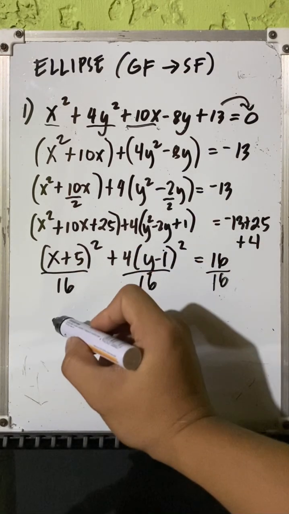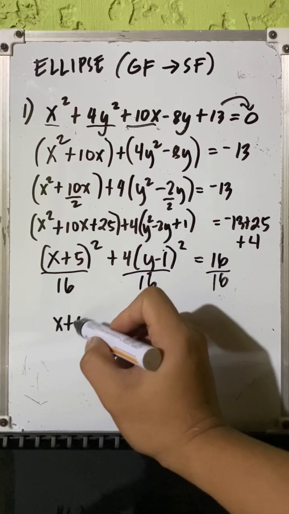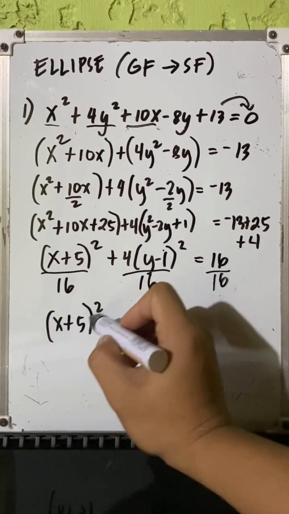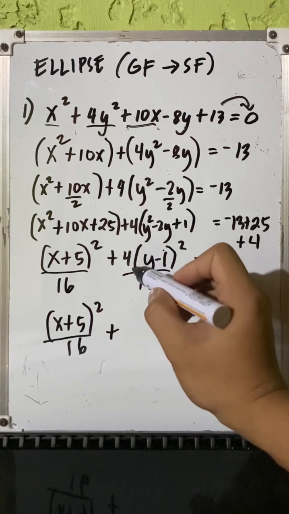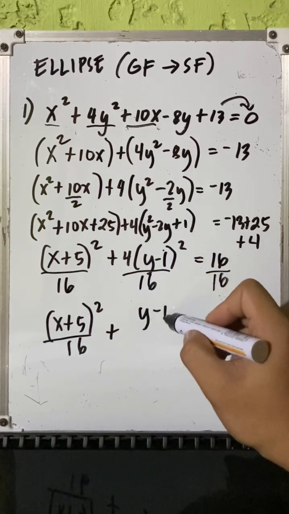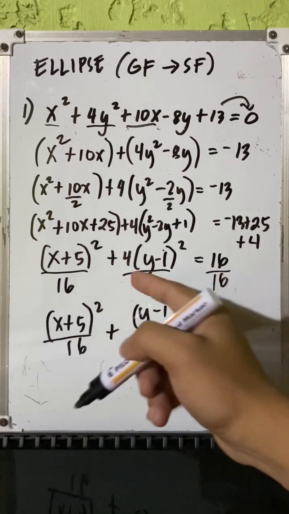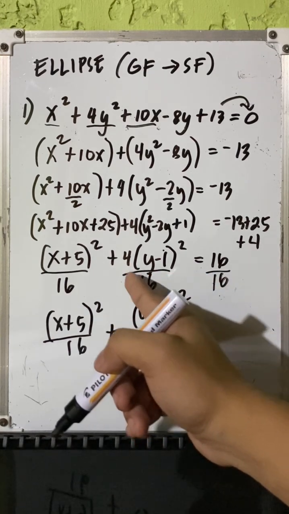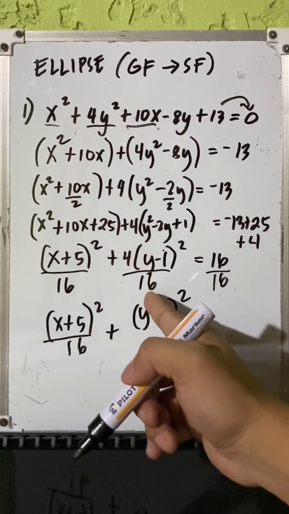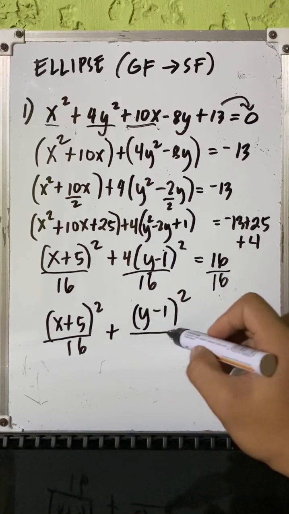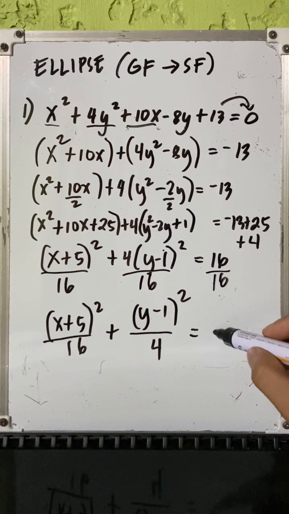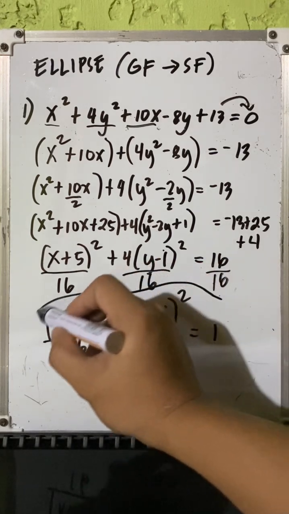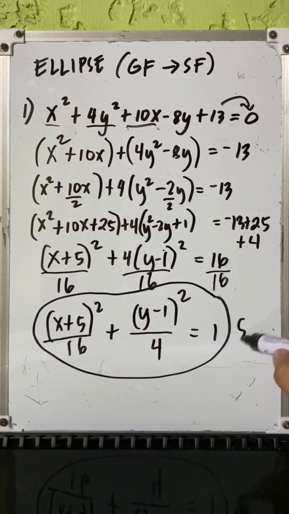So what we have here is x plus 5 squared over 16 plus y minus 1 squared, 4 over 16. 4 divided by 4 is 1. 16 divided by 4 is 4. And 16 divided by 16 is 1. So this will be your standard form.